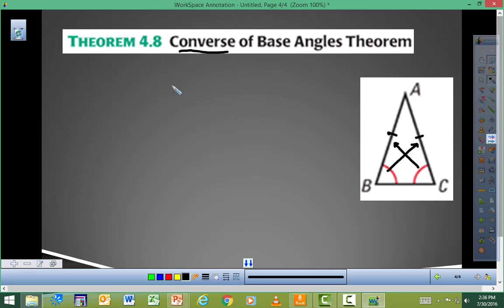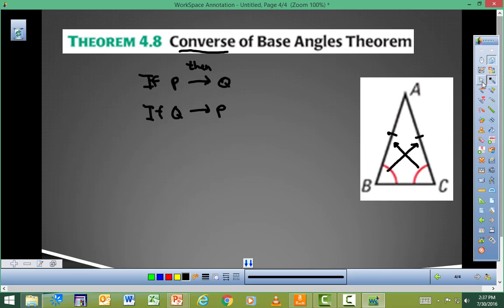Remember, on the converse, you start out with a conditional statement, if P, then Q. That's this little arrow we use to mean then. The converse, remember, switches the two around. So it says if Q, then P.